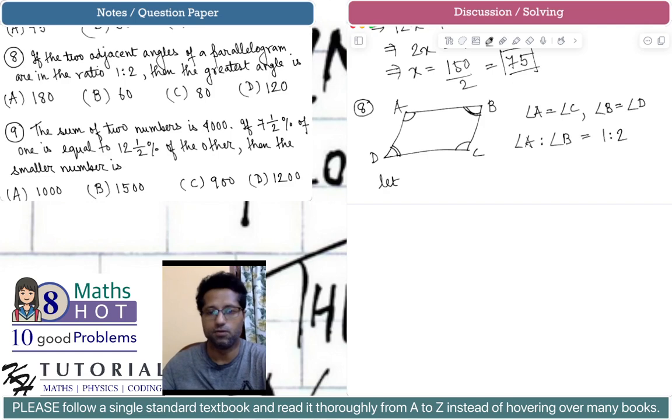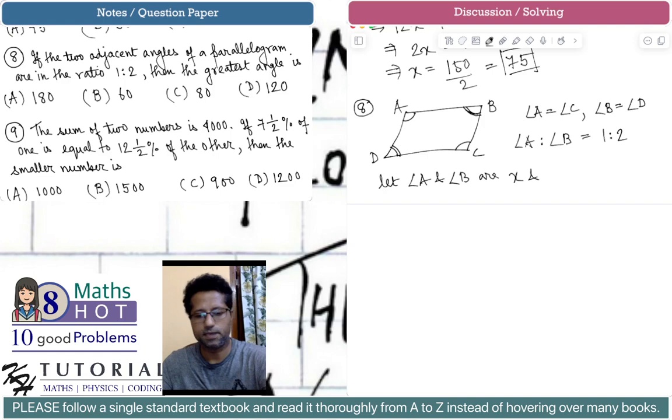That is, let angle A and angle B be x and 2x, depending on the given ratio. Since the ratio of angle A and angle B is 1:2, we are assuming angle A to be x and angle B to be 2x. This is the standard way of solving a problem in finding quantities whose ratio is given.